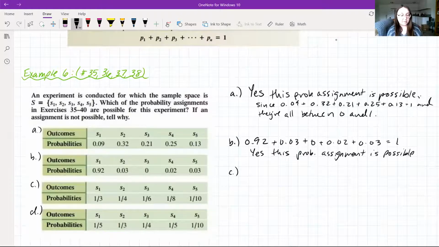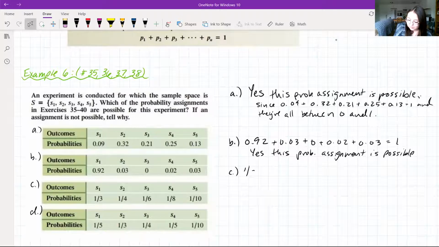All right, now for C. We have S1 is equal to 1 divided by 3, S2 is 1 divided by 4, S3 is 1 divided by 6, S4 is 1 divided by 8, and S5 is 1 divided by 10. We see that each one of these values is between 0 and 1. Nothing is less than 0, and nothing is greater than 1. So now we just need to add them up.